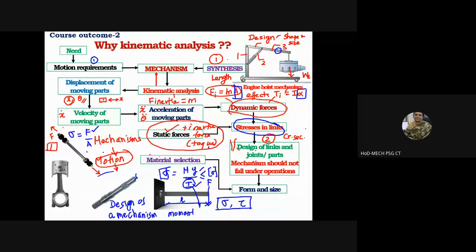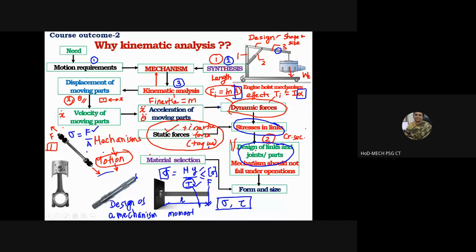The second step will be to carry out a synthesis. The third step will be carrying out a kinematic analysis, where you carry out velocity analysis and acceleration analysis. Based on this, I will carry out a force analysis, and then finally, making use of the concepts of strength of materials or mechanics of materials, I will be designing the cross-sectional details, that is shape and size, for all the links of a mechanism.